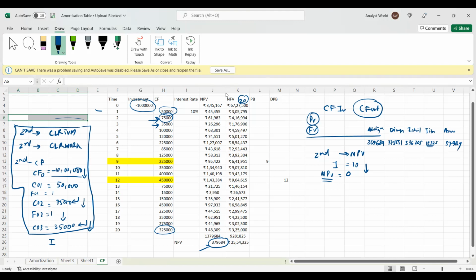So the rest of the candidates who are getting a different answer, I want you to go back to your cash flow worksheet and recheck all the inputs that you've made, either in terms of the cash flow itself or inadvertently somewhere the F01 has not been left at 1. You might have just changed it to some other value. So just kindly recheck. After you have done that, come back to NPV and press CPT at 10%. It has to give this answer. It cannot escape.